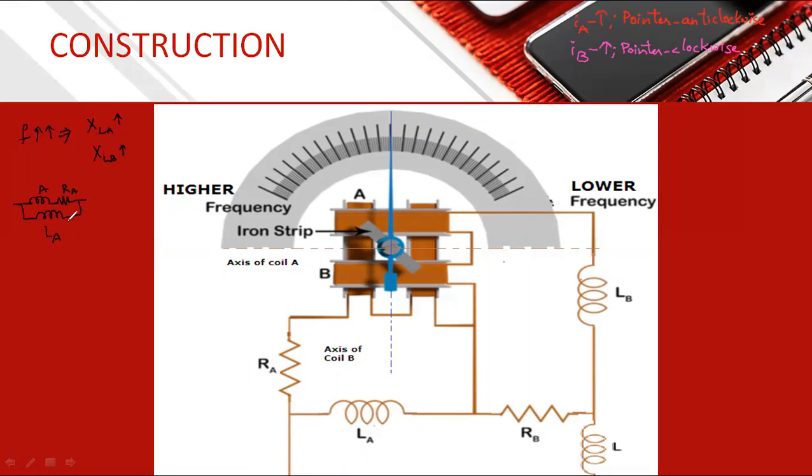This is our sub-circuit of coil A. In another circuit for coil B, we have coil B here and coil B is in series with LB, and to this we have RB in parallel. Now let us see what happens. When we have currents here, how will be the currents through coil A and how will be the currents through coil B? If frequency is increasing, reactance of LA is increasing and reactance of LB is increasing.